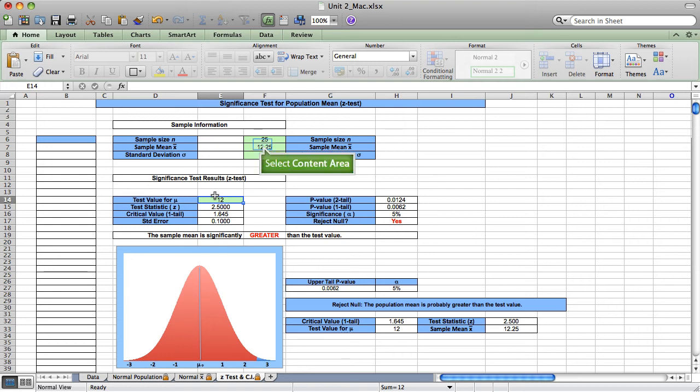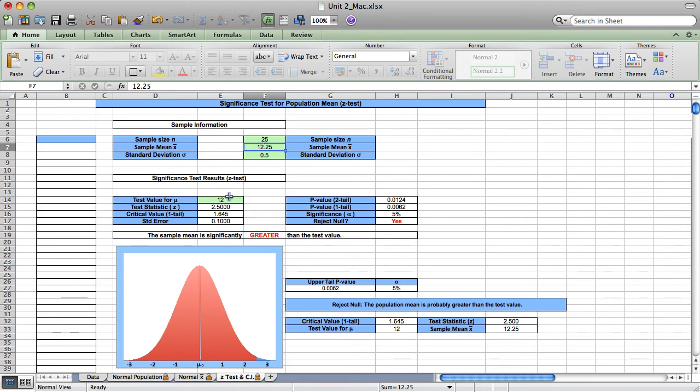So we're going to assume that mu equals 12 to see if our sample evidence gives us enough evidence to reject the null hypothesis, in which case we would need to make some adjustment to the fill levels, or if there's not enough difference, we're not going to reject the null hypothesis. In other words, the process is filling the containers just fine.